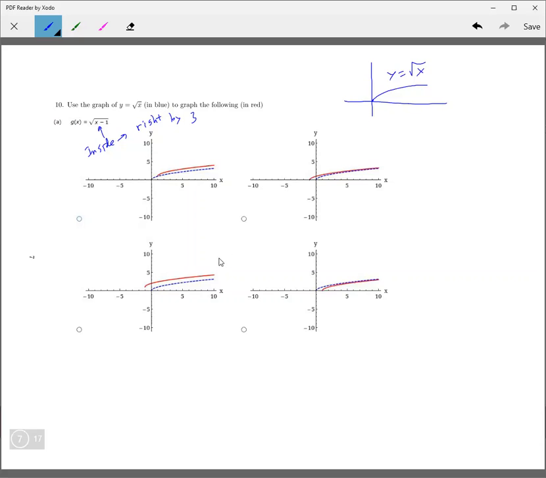I guess they're dotted in blue. So you want to look for the one that's been shifted to the right, and this one right here has been shifted to the right by 1. That's a 1 there, not a 3. So that's going to be the bottom right one.